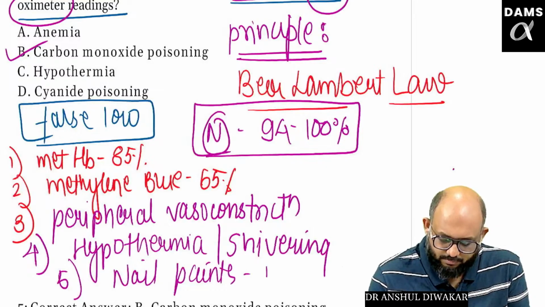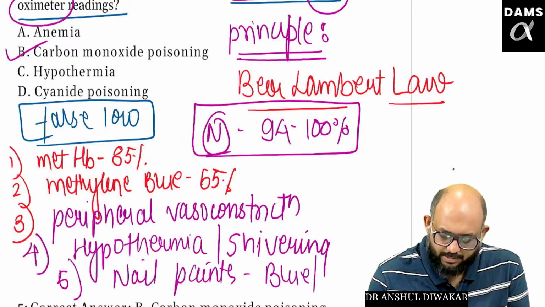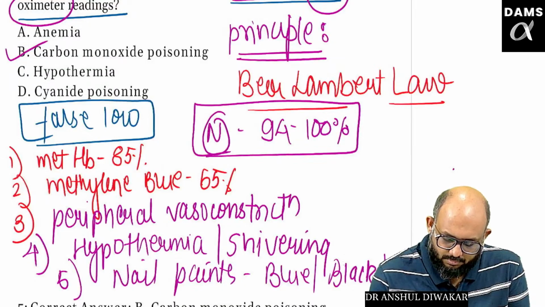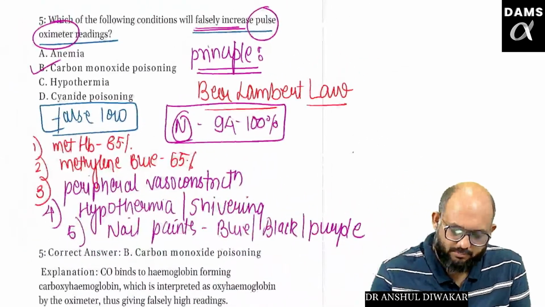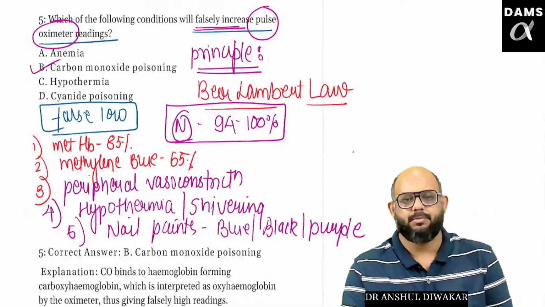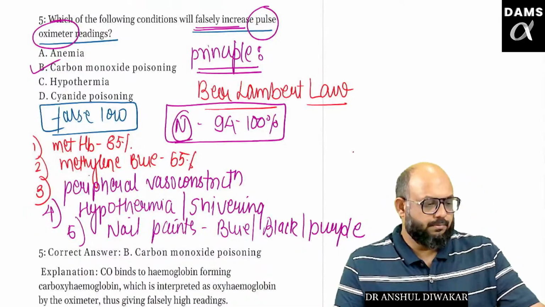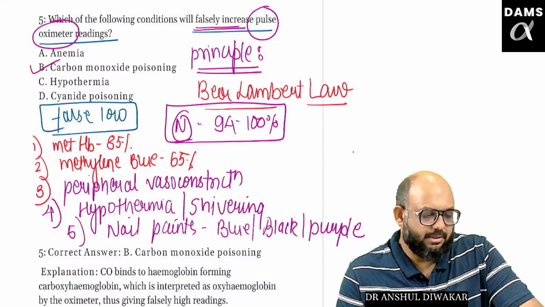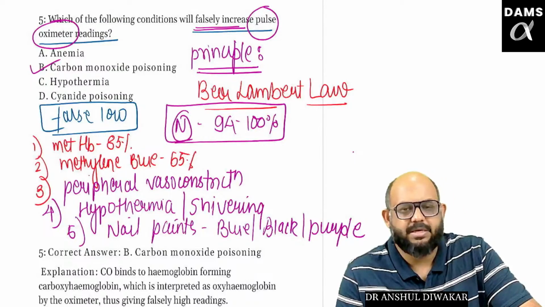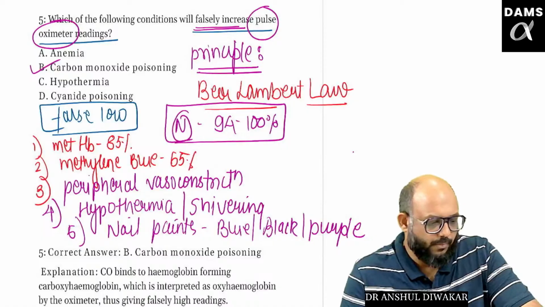Which nail paints? Blue, black, purple. Yes, indocyanine green also decreases. ICG, it's a dye. Okay.